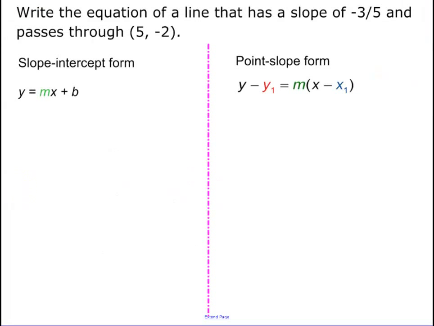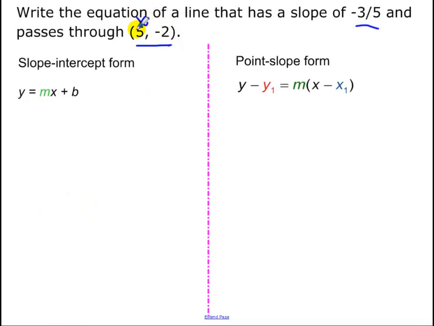Okay, so write the equation of the line that has a slope of -3/5 and passes through the point (5, -2). I'm going to do it both ways, showing you guys that you get the same thing both ways. I don't care which way you do it. So, to write the equation of the line, we have our slope and we have our point.